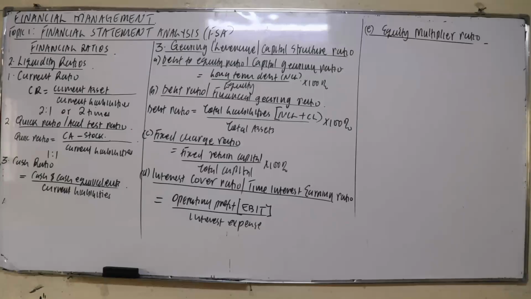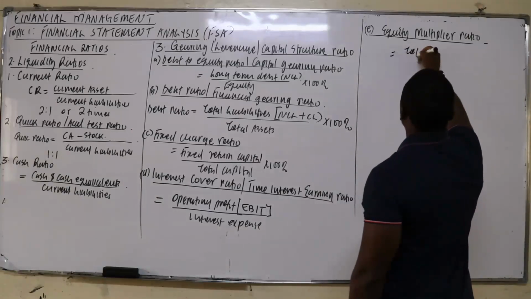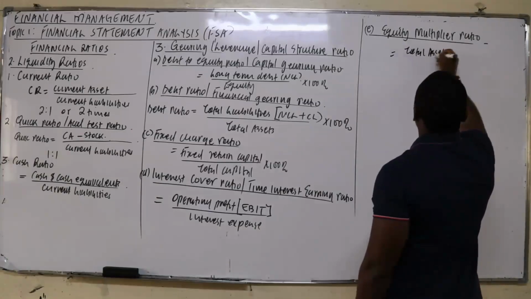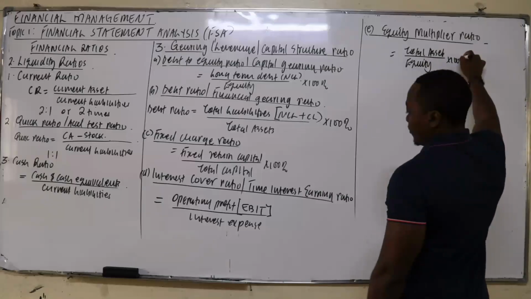This shows the relationship existing between equity and total assets, whereby you take the total assets divided by the equity times 100.